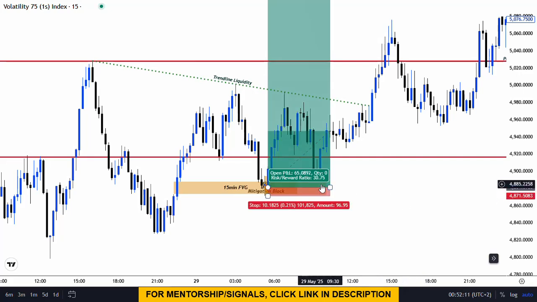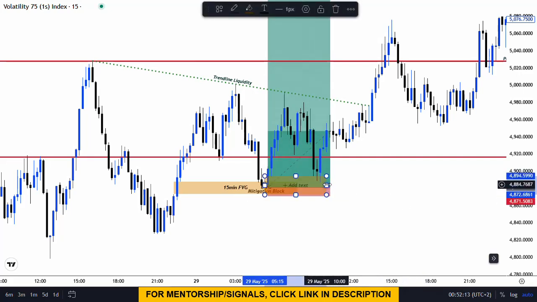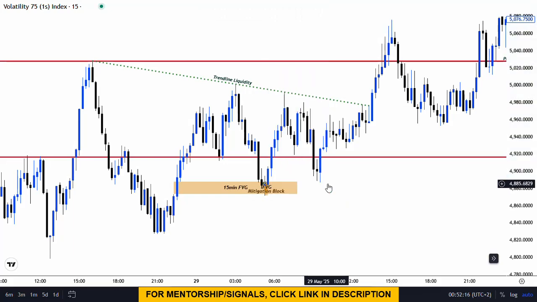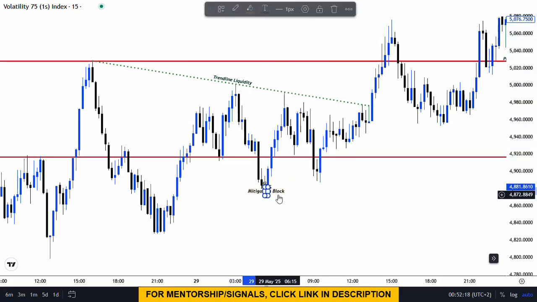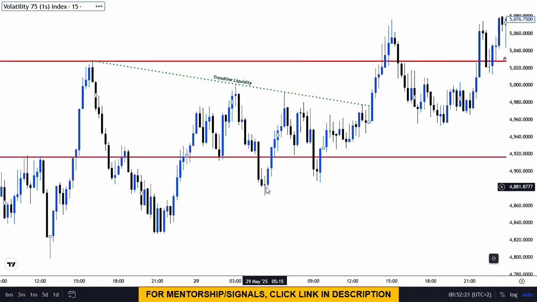All right, so let me also remove this. I need to show you where everything is coming from. So this is where you are. By the way, you can even treat this as inducement. And then you just have to look at what is down there, and what is down here is not just this fair value gap. I'm not just going to enter because there's a fair value gap here.